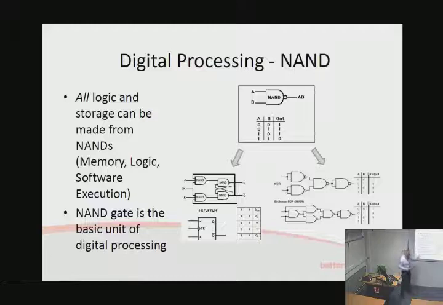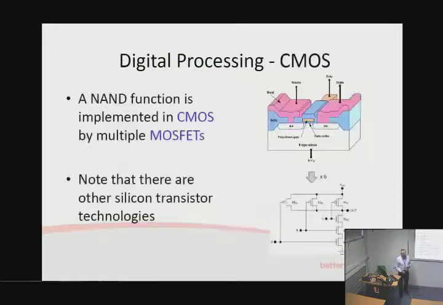But it doesn't stop there, because under the hood, the NAND gate is itself simply made of transistors. And those transistors are themselves made up using these doped silicon crystals, effectively.